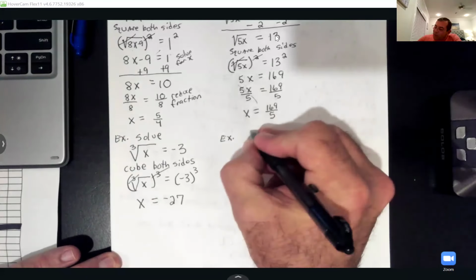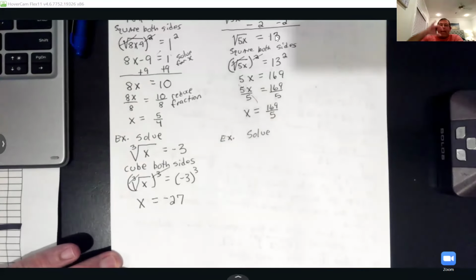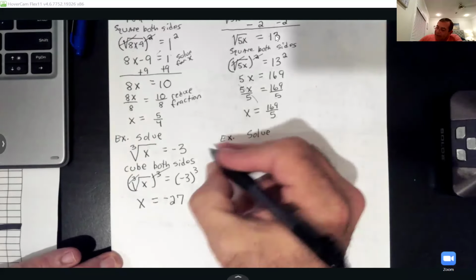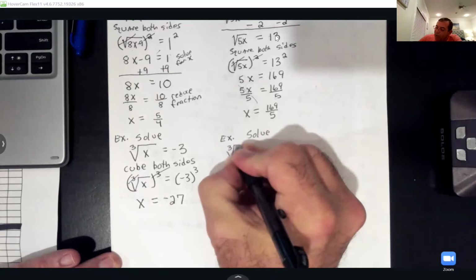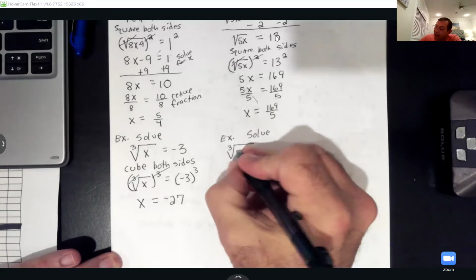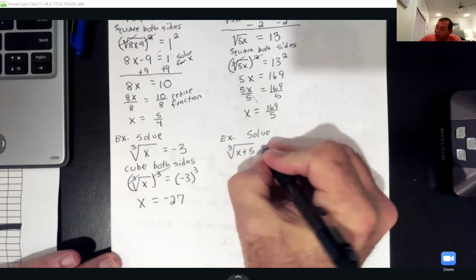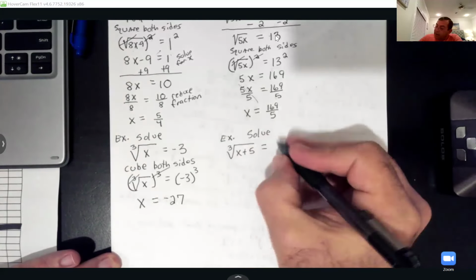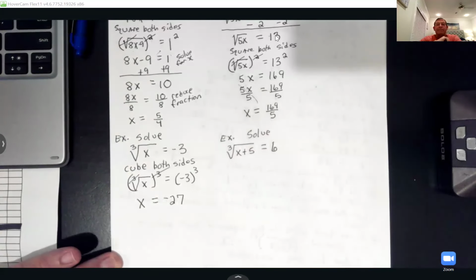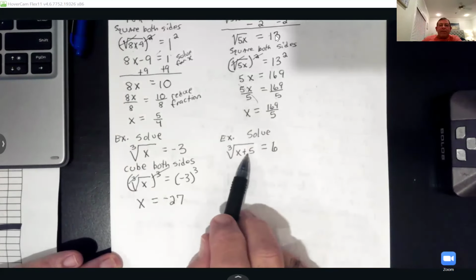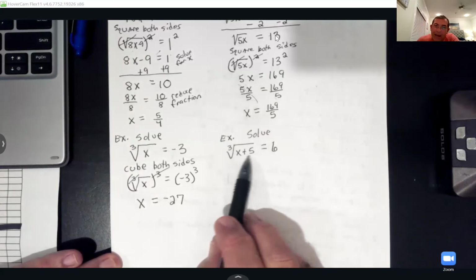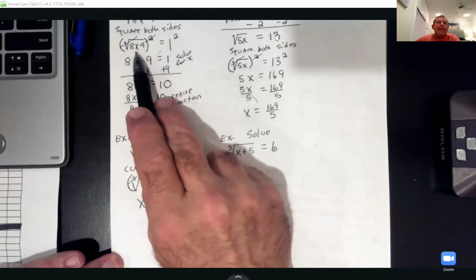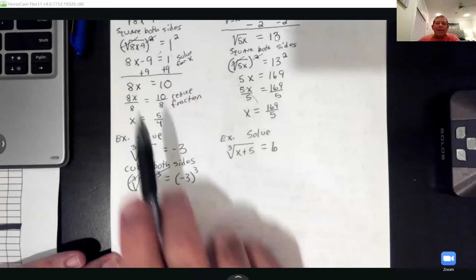All right, so the last one for support, and then we'll get into actual college algebra lessons. This is the cube root of x plus 5 equals 6. Now, the plus 5 is under the radical, just like this 8x minus 9 was all under that radical.